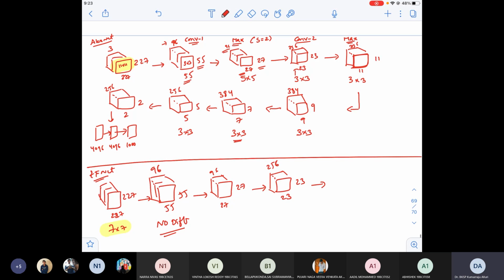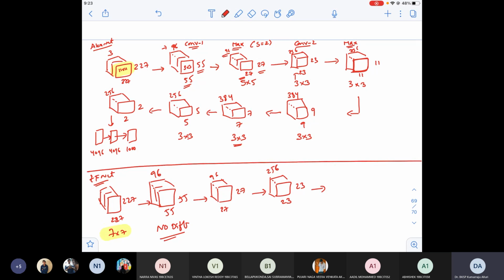So just see the width, height, and depth. Okay. Then you have received 11 cross 11, and this would be 256 because this is a max pool operation. So 11 cross 11, it's the same thing as this.